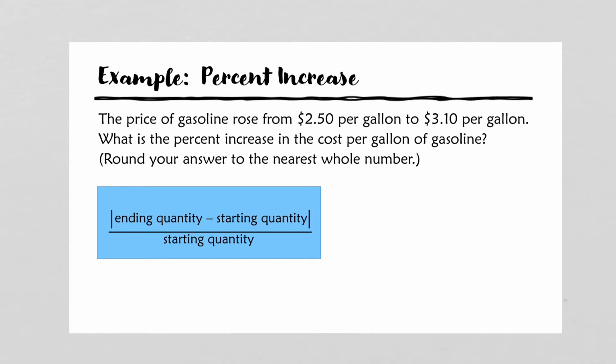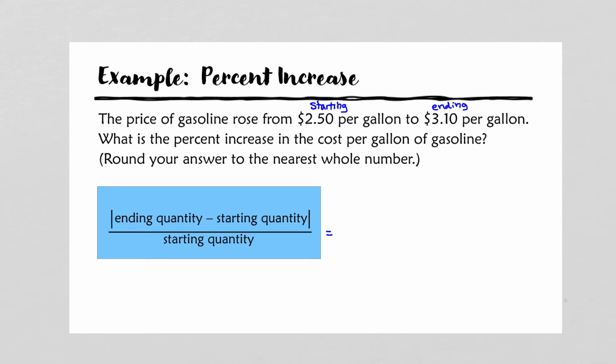Specifically, it's going to be the ending quantity minus the starting quantity divided by the starting quantity. So let's fill in some information. We know that in our gas situation, we start out with $2.50 per gallon. So $2.50 is considered our starting quantity. We're finishing at $3.10, so that's considered our ending quantity. Let's put those two numbers into our formula.